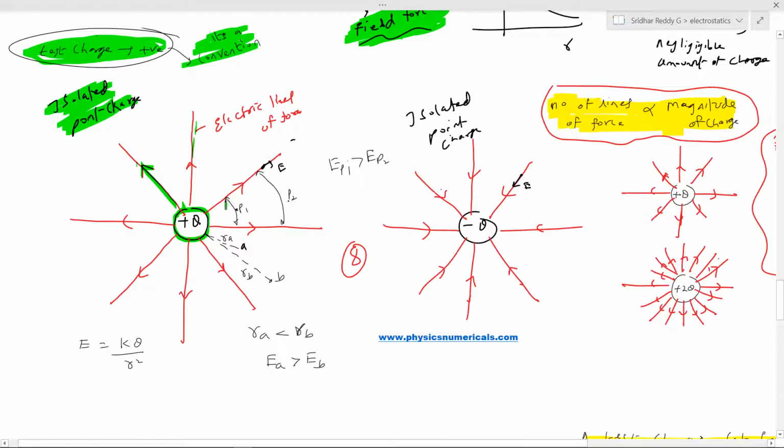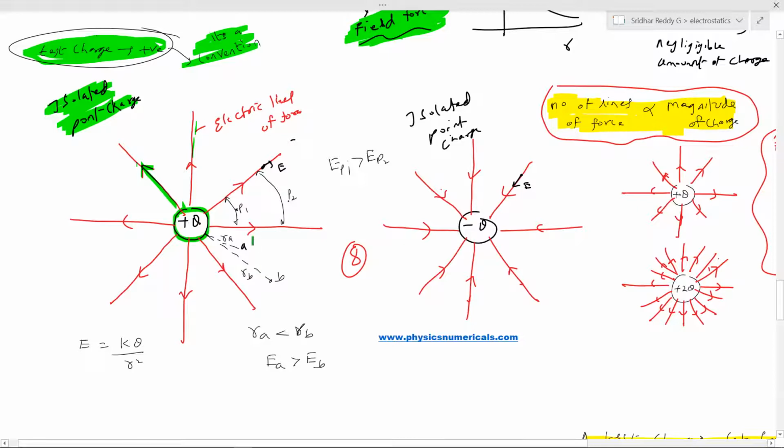Where the spacing is less, the field strength is said to be more. You look at the spacing here. You measure this distance. Which distance will be greater? This distance will be greater than this one. So I can say that the field strength at A is greater than at B. Where the spacing between the lines of force is less, there the field strength should be more.